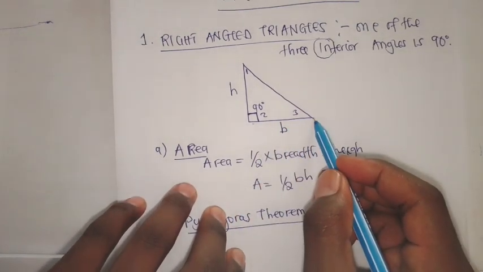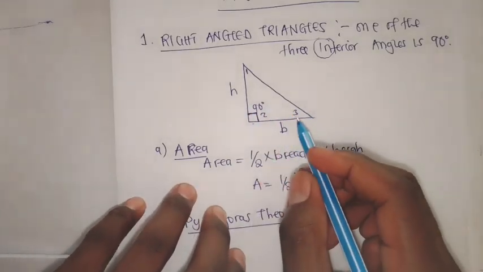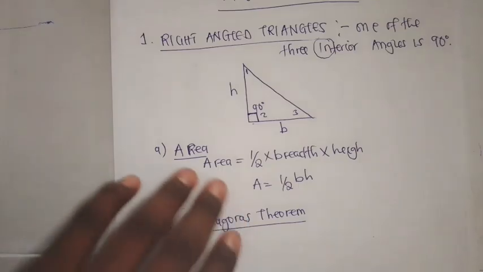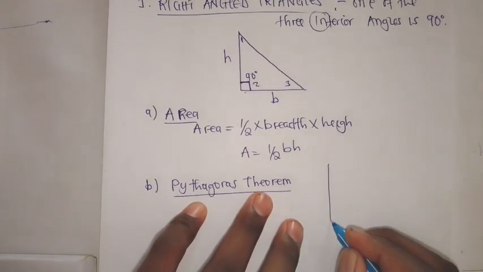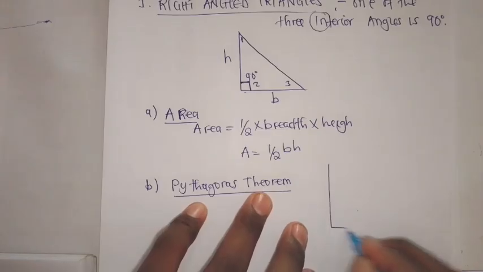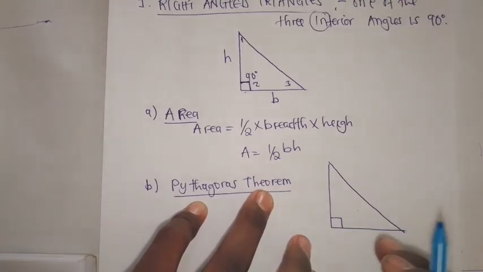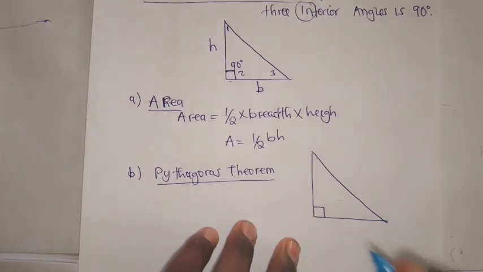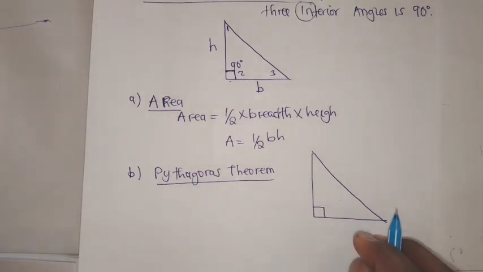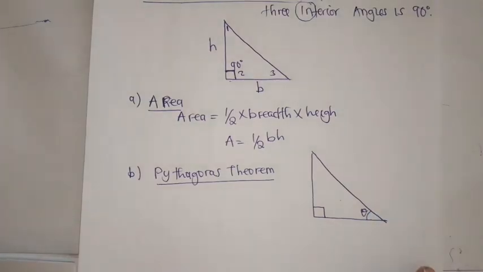These three sides each have their own name. Let's say this is our right-angled triangle, and you have an angle here, theta.